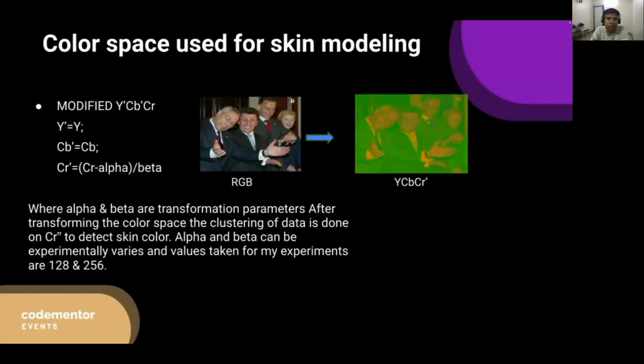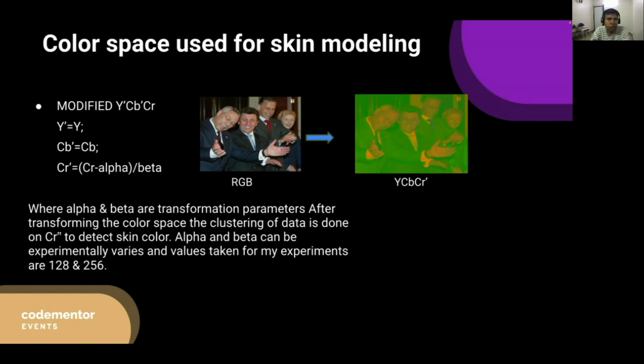Here we have an input RGB image, red, green, blue, say an 8-bit color image, and we modify the color space to YCbCr.